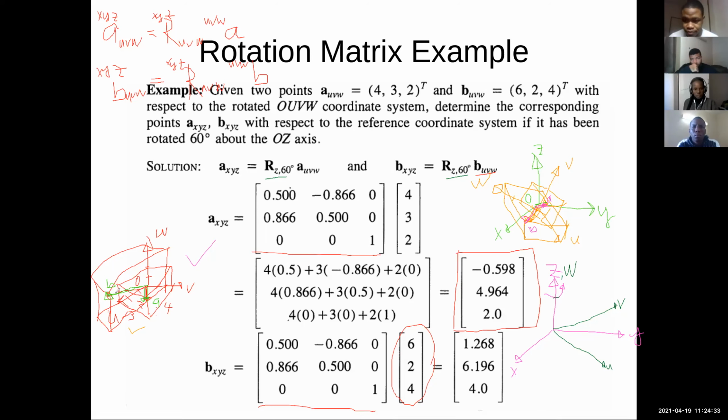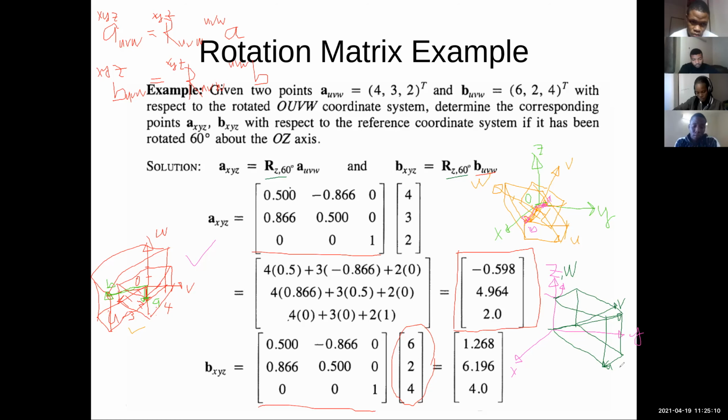Let's just look at the B: 4, 6 in the U, so 6 here and 2. From the UVW frame, it's 6, 2, 4, so we draw it according to that frame. Okay, so that is the vector.